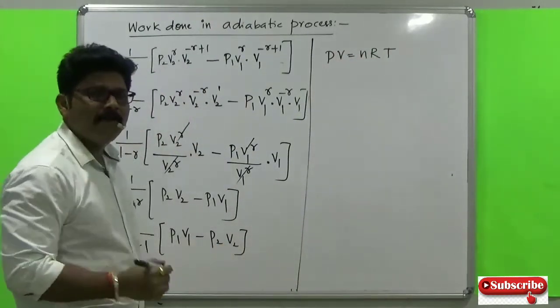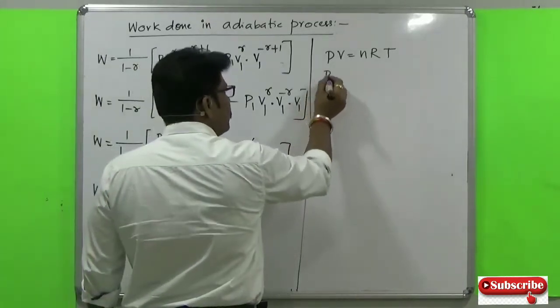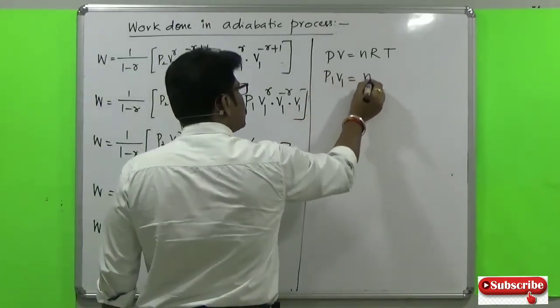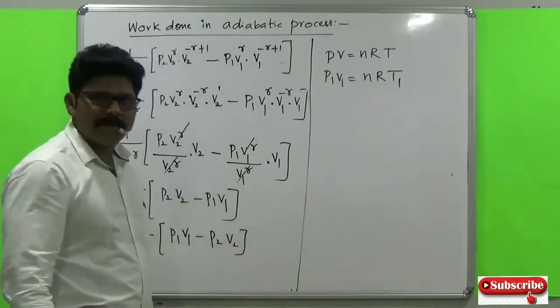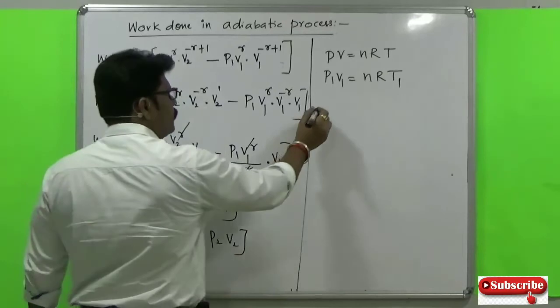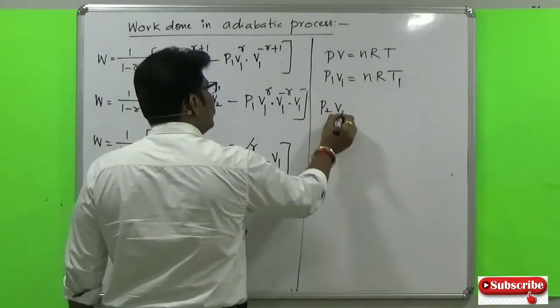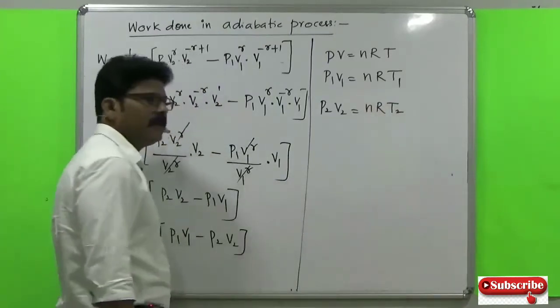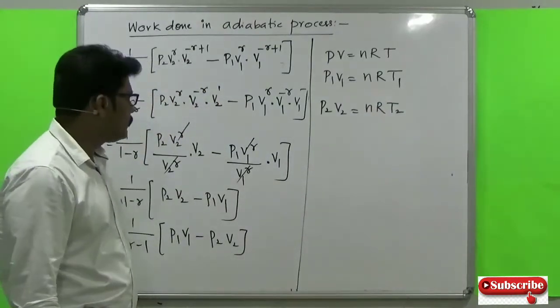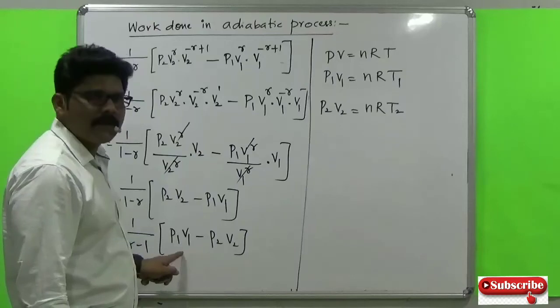तो देखो P1 V1 को क्या लिख सकते हो इधर, P1 V1 equals to N into R into T1 लिख सकते हो ना? Similarly, P2 V2 equals to N into R into T2. तो क्या होगा तुम्हारे को? Next इसमें substitute करो.